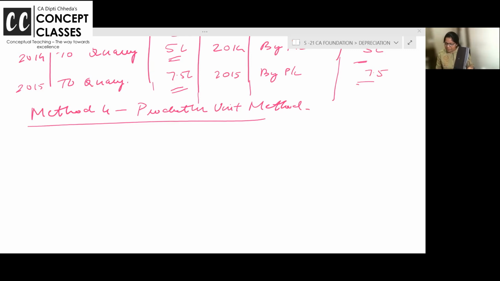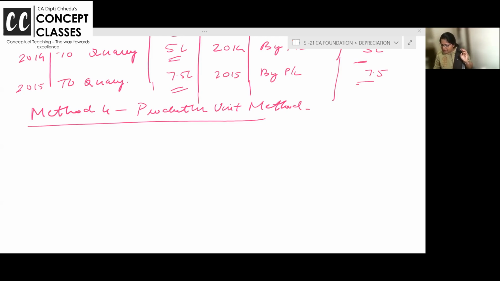A machine is purchased for 20 lakhs. Estimated scrap value, of course, you will minus. Useful life is 10 years. And this time you are going to produce 150. Check: 1, 2, 3, 20,000 units into 3, that is 60,000. Then 4, 5, 6, 7, 4 years, 15,000 units you are producing.